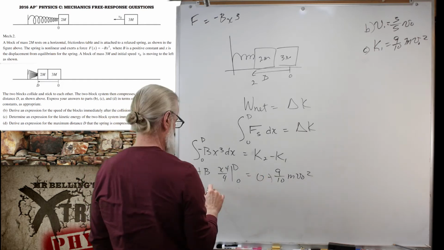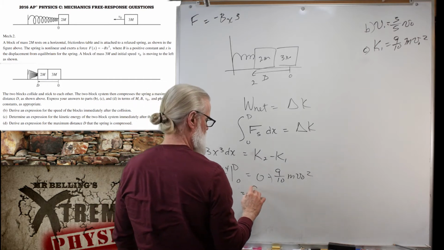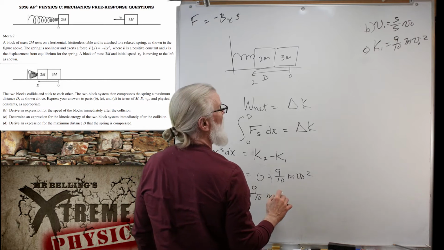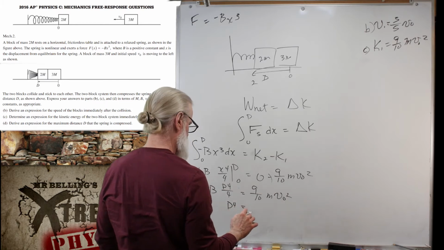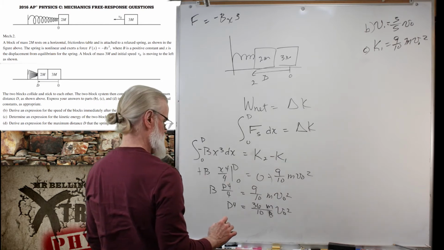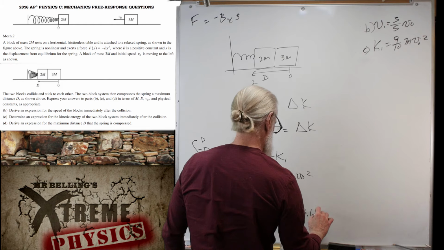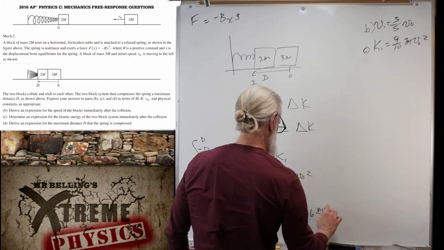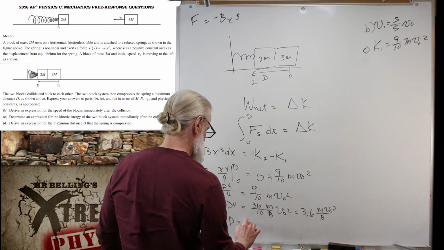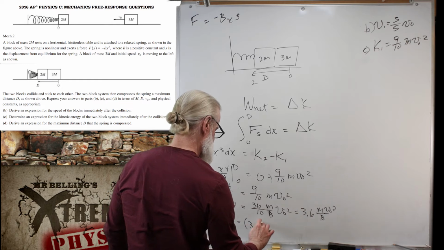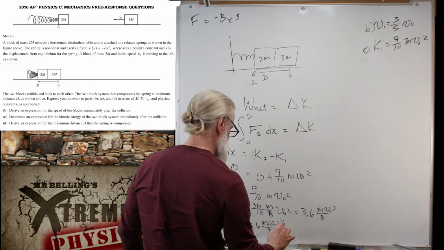So b d to the 4th over 4 equals 9/10 m v0 squared. d to the 4th equals 3.6 m over b v0 squared. So d equals (3.6 m v0 squared over b) to the 1/4 power.